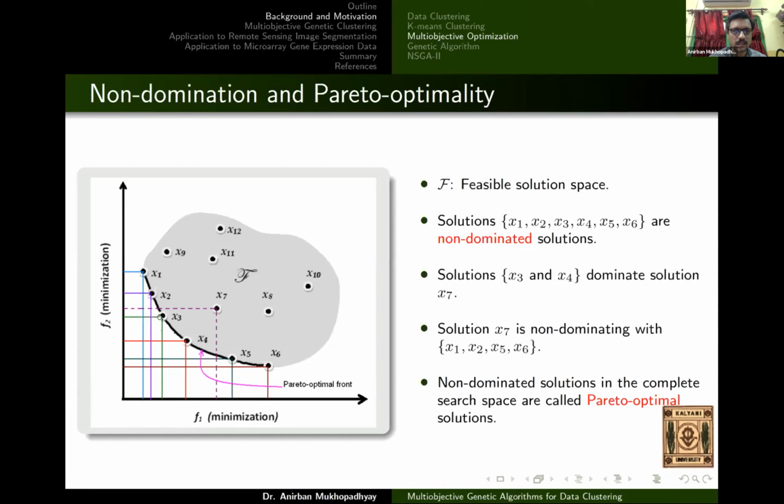For example, X3 dominates X7 because X3 has a better value of F1 and F2 than X7. So X7 cannot come in the non-dominated set. But X1 to X6 are the non-dominated set of solutions. So if this is the complete search space, then this is the Pareto optimal set of solutions. The goal here is to find the Pareto optimal set of solutions.